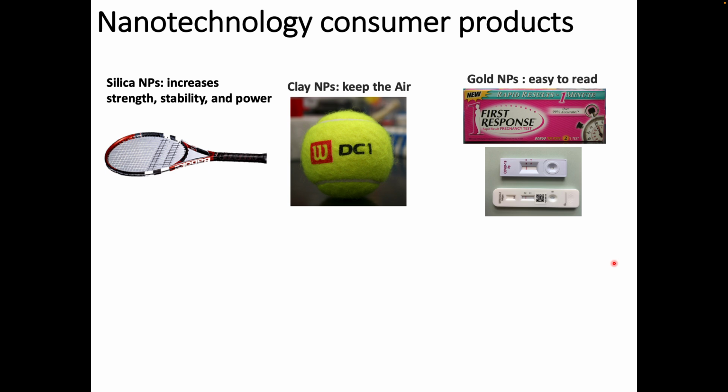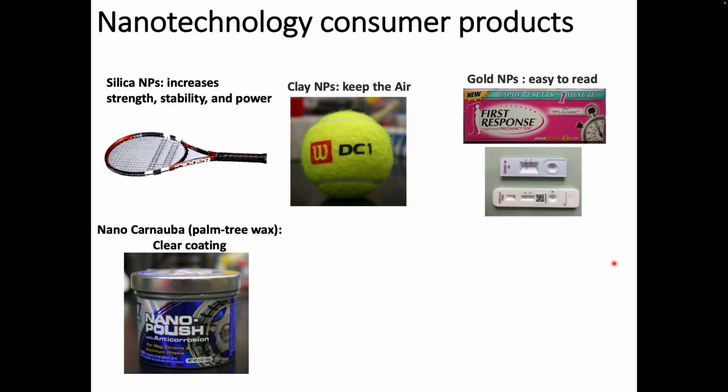And because gold nanoparticles are so small, right, we can add a lot of them, okay, in this test. And since this collects antibody or hormone, pregnancy hormone, it can show the strong color contrast. Okay, so that is how gold nanoparticles are used in the pregnancy tester.